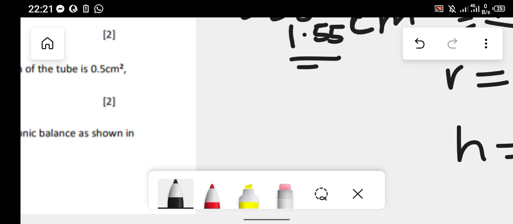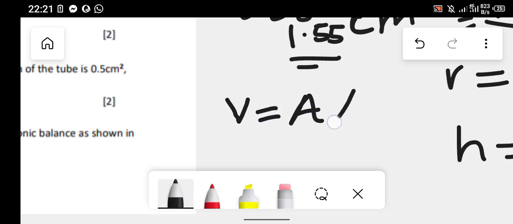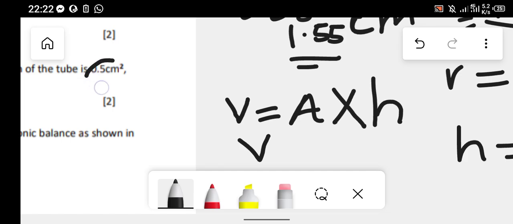So we know that volume is equals to base area times height. Our area we have been given in the question is 0.5. Our height we have already found is 4 from the diagram.